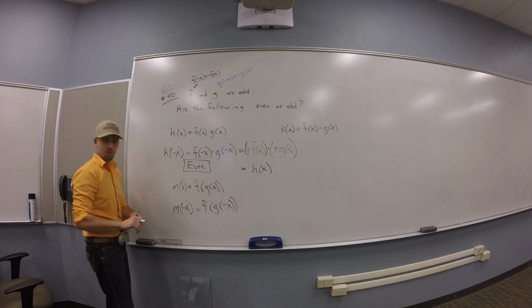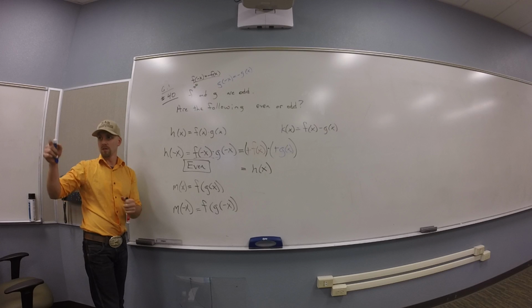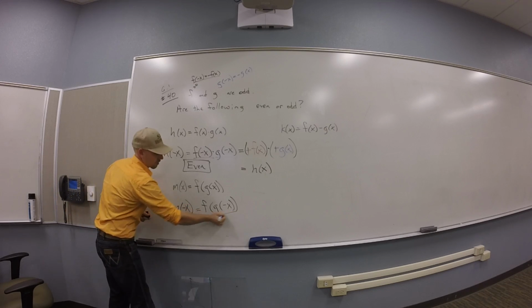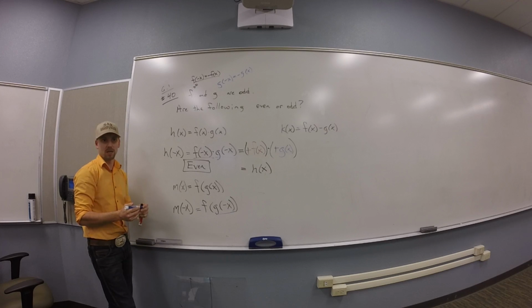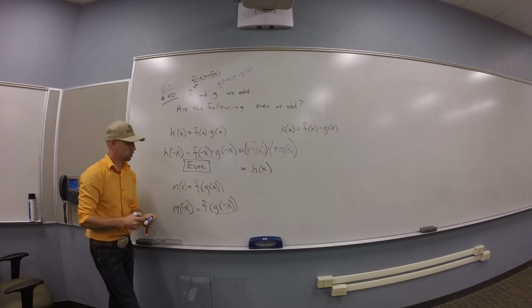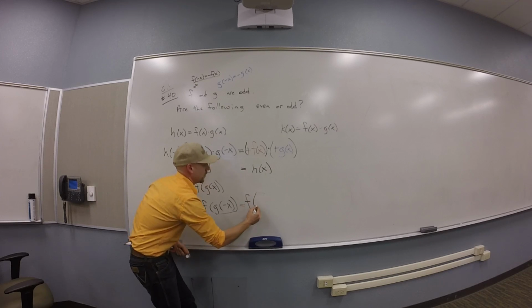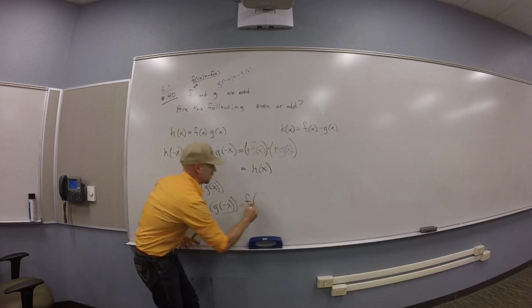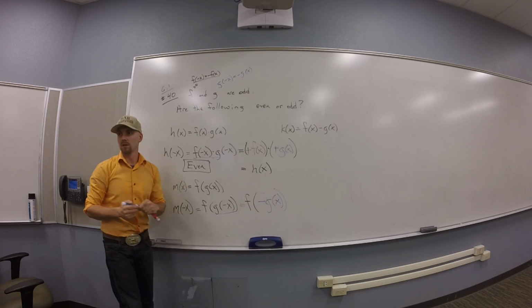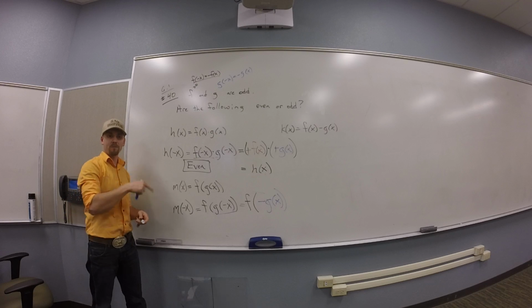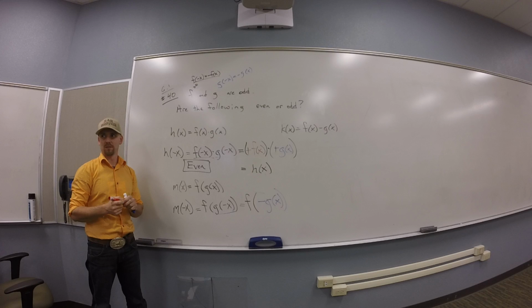And then what do you use? Okay, so you need to use the blue fact on g of minus x, right? So I get negative g of x. f of negative g of x, right? And then I'm doing f of minus something, so what do I use?